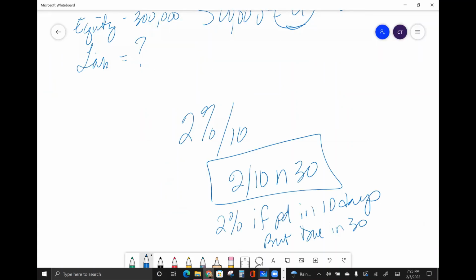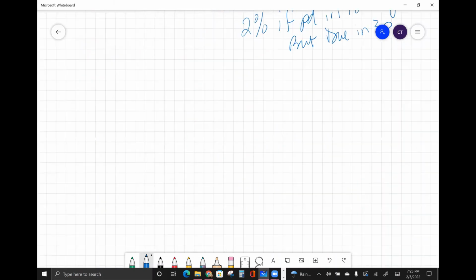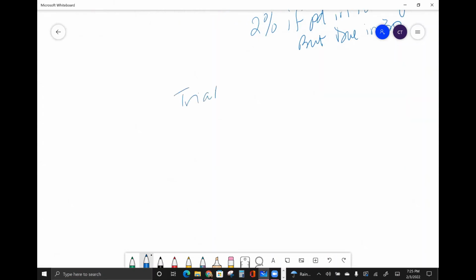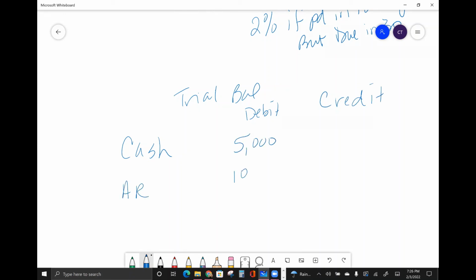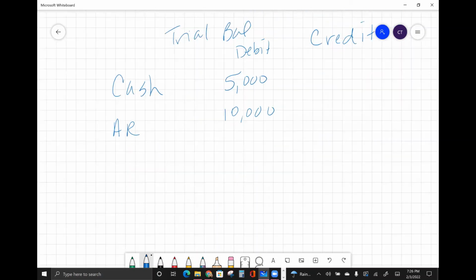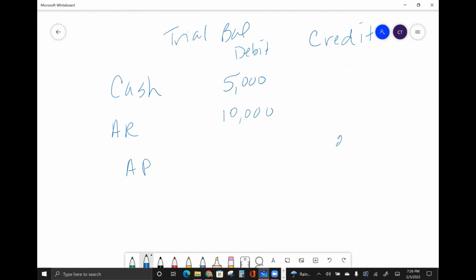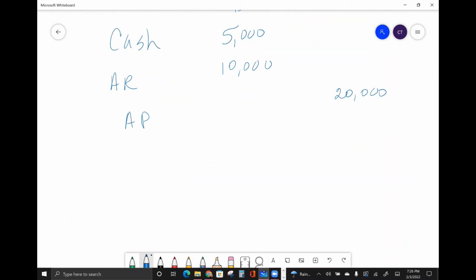So think about that trial balance. So we have cash, so we have debit and credit. Notes payable, let's say it's 5,000. Let's just put a couple of accounts on there.